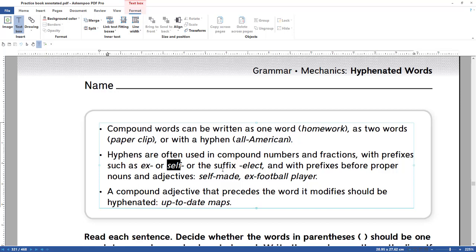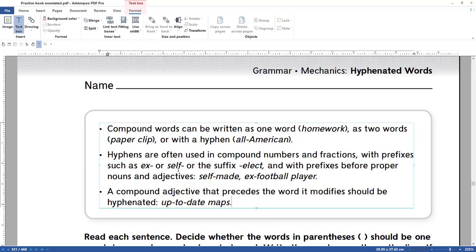Also, the suffix, which means the part that will come at the end after the main word, like elect, for example. Okay. Also, you can use the hyphens with the prefixes before a proper noun or adjective, like for example here, self-made or ex-football player. So, as you can see here, ex, this is the prefix, and we have a hyphen here between it and the word football.